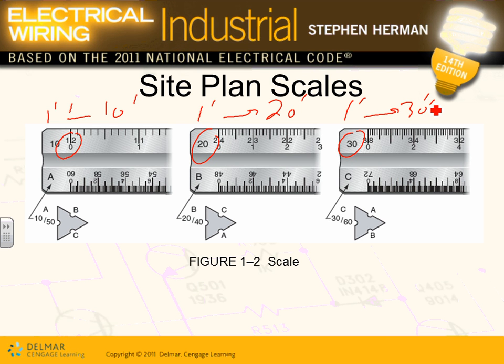That's your multiplication. On the architectural scale, 1/8 of an inch is equivalent to 1 foot, or 1/16 of an inch is equivalent to 1 foot, and then you multiply that by 12 to get the multiplier. We use scales all the time, guys, to get information. Knowing Revit, we use the architectural scale all the time.